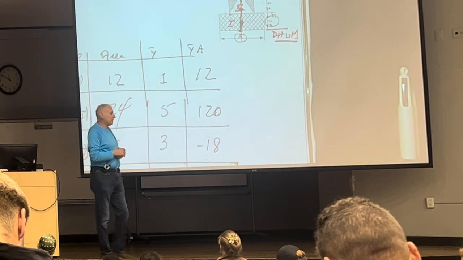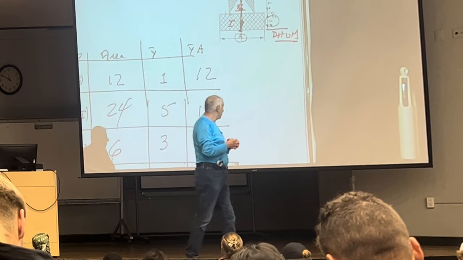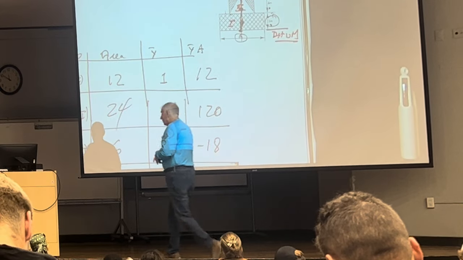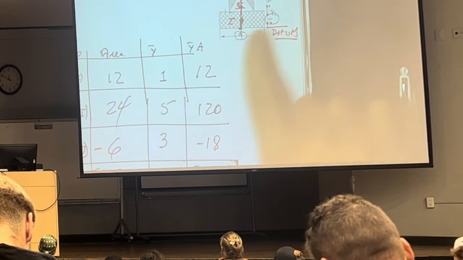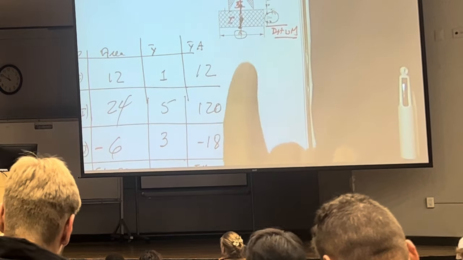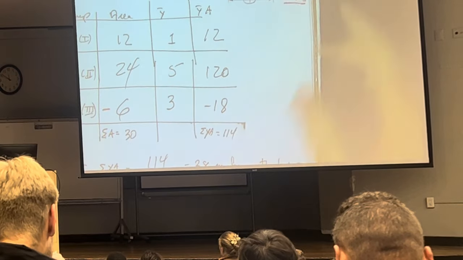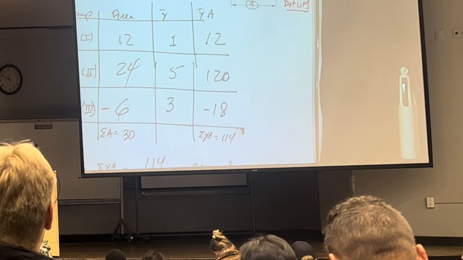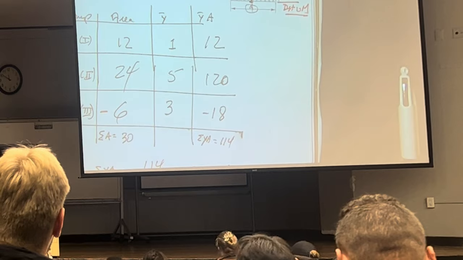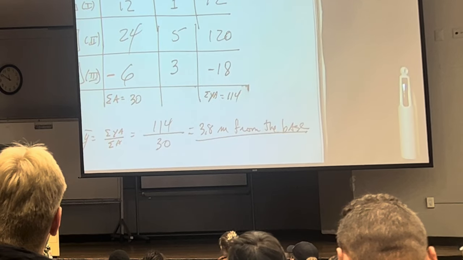No, it's not. So be careful. I put the datum here, so I'm measuring from the datum from the bottom up. You could put the datum here, and I'm going to measure down. Either way is the same answer, and it's correct. Oh, let me zoom out.